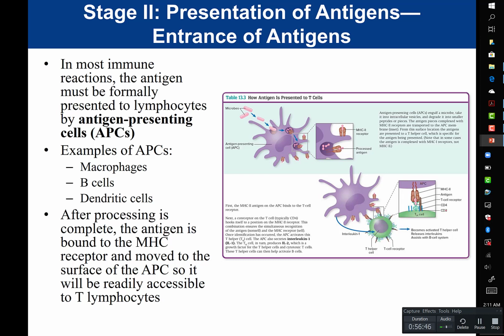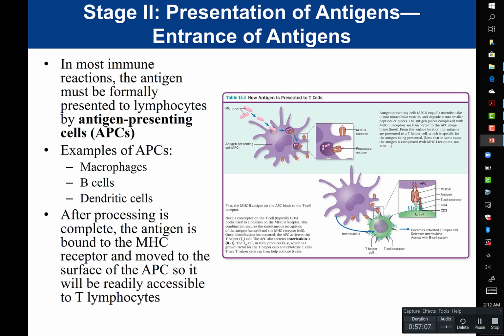We also have the CD3 co-receptor, which just helps with binding. But we need all of this to come together. So the T cell receptor needs to bind to the antigen. The CD4 on the T helper cell has to bind to MHC2, which is going to activate this T helper cell.